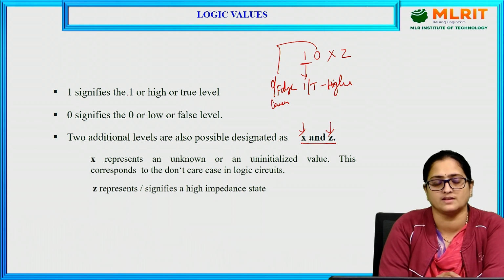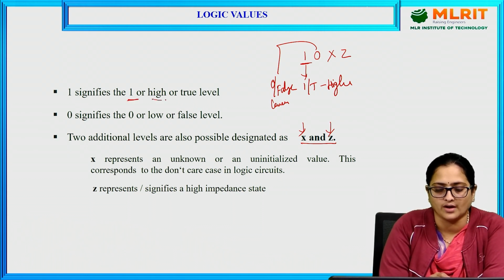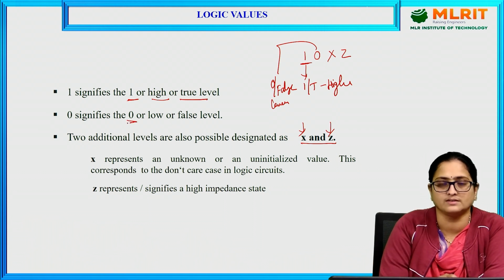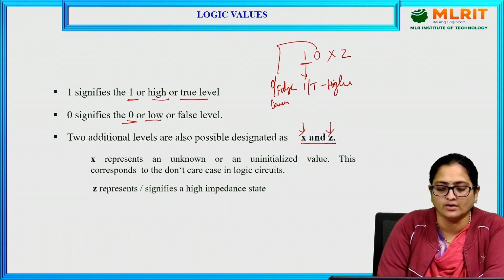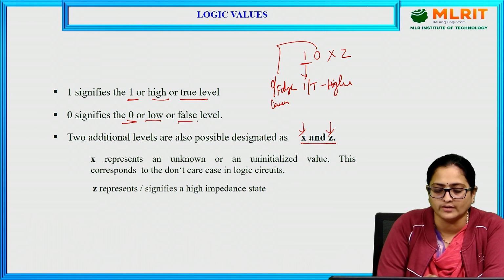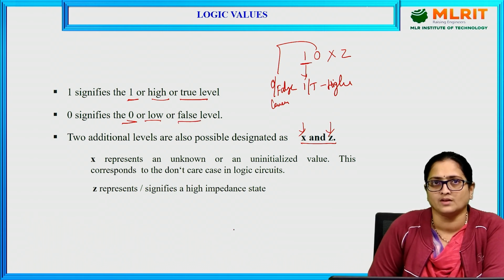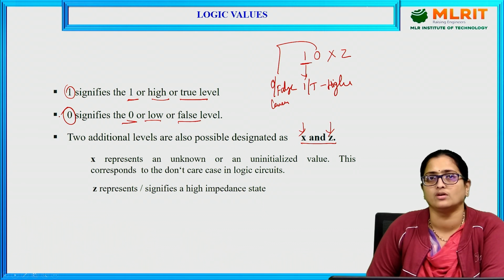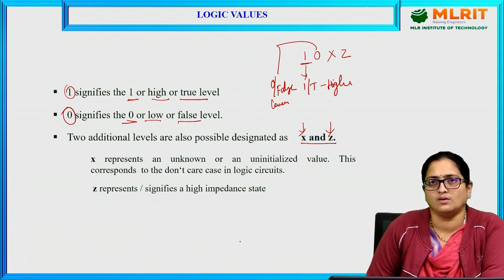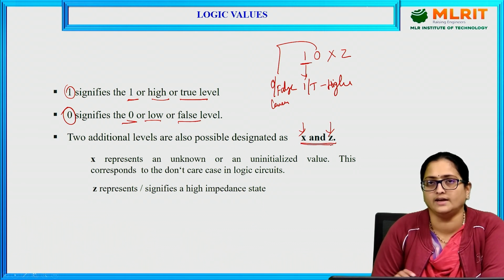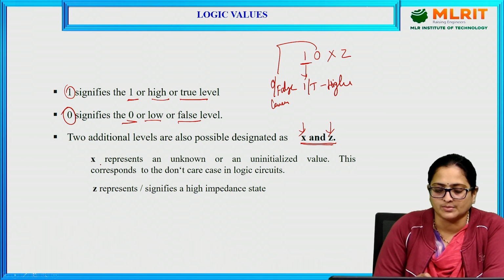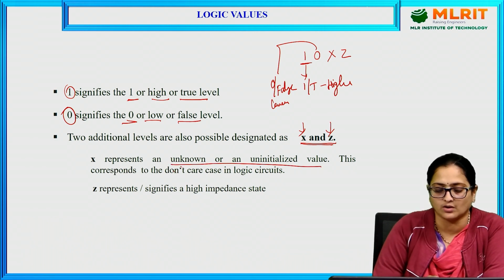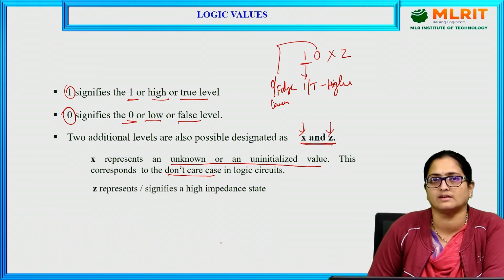1 signifies the 1 or high or true level, whereas 0 signifies the value of 0 or lower state or false state. Other than this 1 and 0, you have 2 more logical values. Those are x and z. X represents the unknown or uninitialized values, which you can also say are don't care conditions.